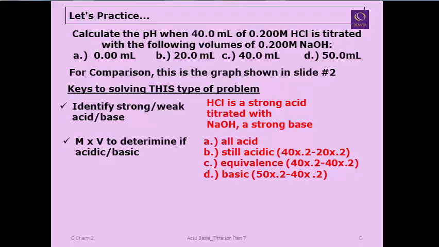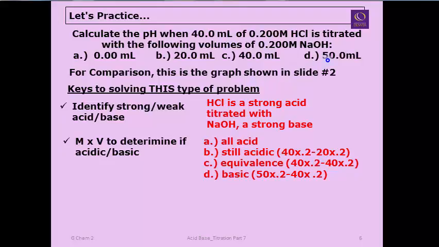because that's going to drive the show as far as how you're going to decide this. Just for example, right here, obviously I have added no base, so it's all acidic. Here I've added 20 mLs of this base, but I already have 40 mLs of acid, so it's still acidic. Okay, 40 mLs of base, 40 mLs of acid. Now we've hit equivalence.